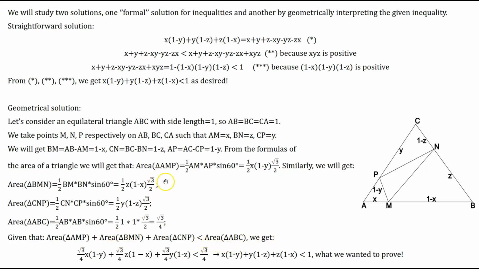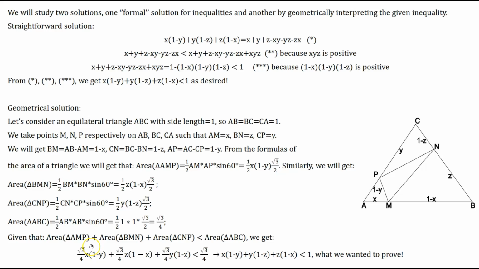We make the substitutions of all the expressions that we got up here, and we will have that square root of 3 divided by 4 times x times 1 minus epsilon, and so on for the areas of all three triangles, is smaller than square root of 3 divided by 4.